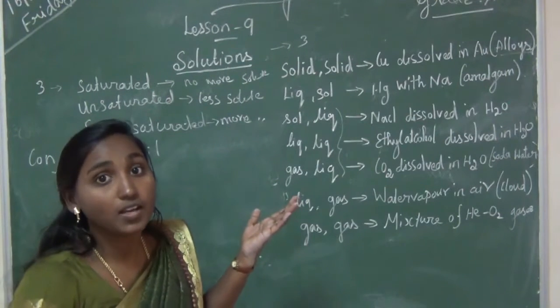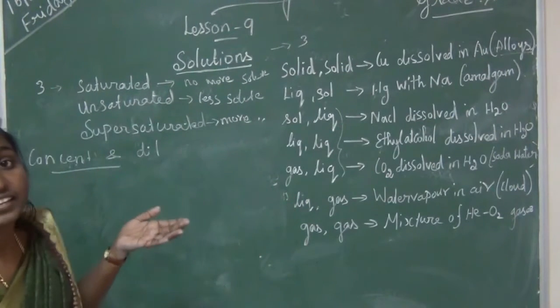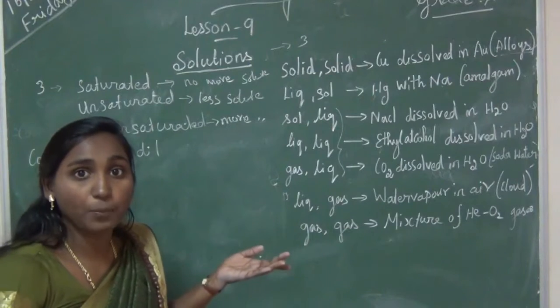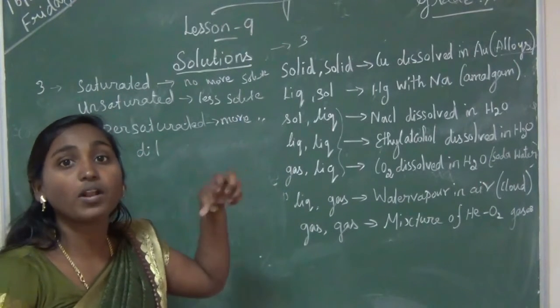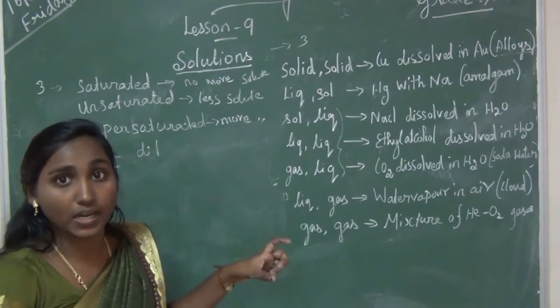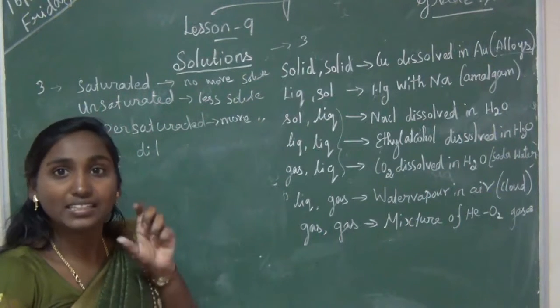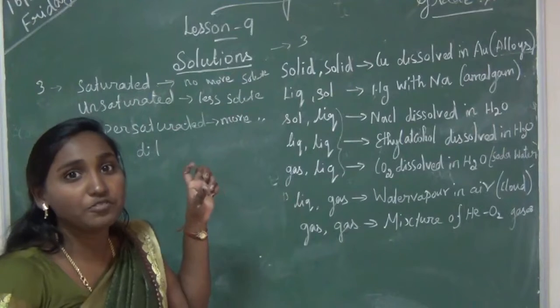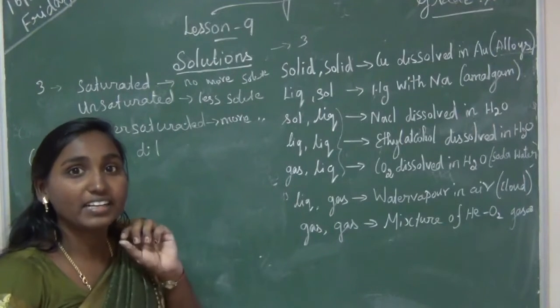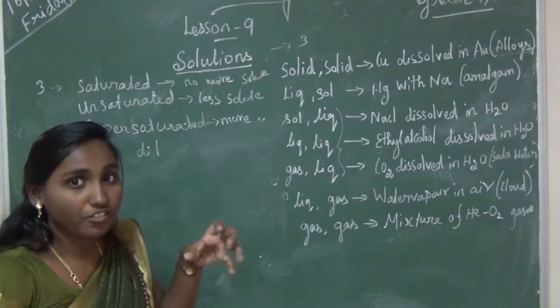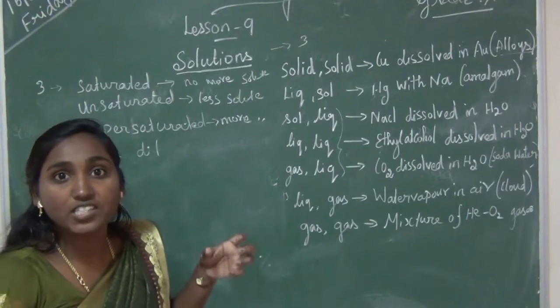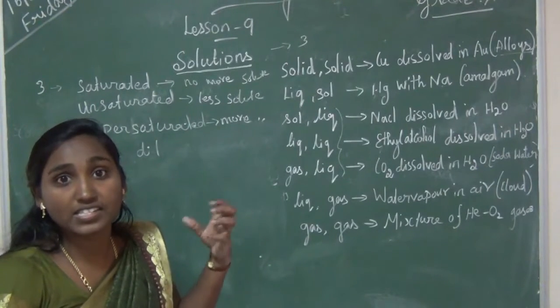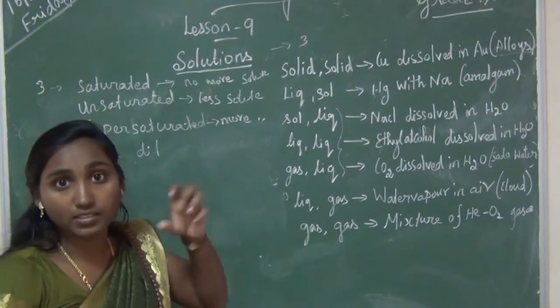Because I added more sugar in the first cup. In the second cup I added a little amount of sugar. So from this we can identify which one is strong tea and which one is weak tea.